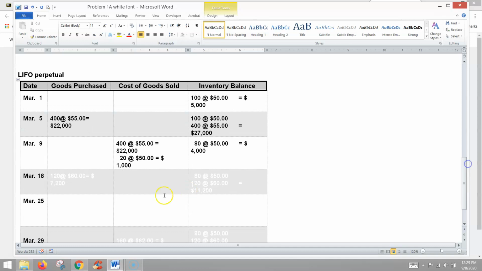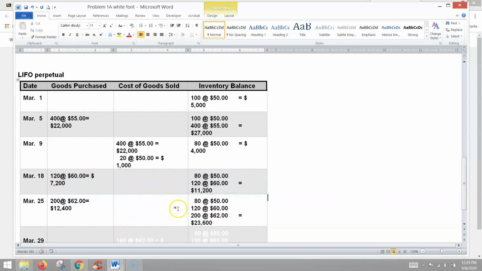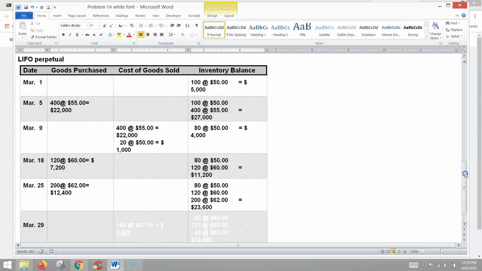Then we have two purchases on the 18th and the 25th. These are going to be the same as with FIFO. We're just going to add them to the bottom of our costing layers. Finally, on the 29th, we're going to sell 160 units. With LIFO, we're going to sell them all from the bottom layer since there's adequate inventory.